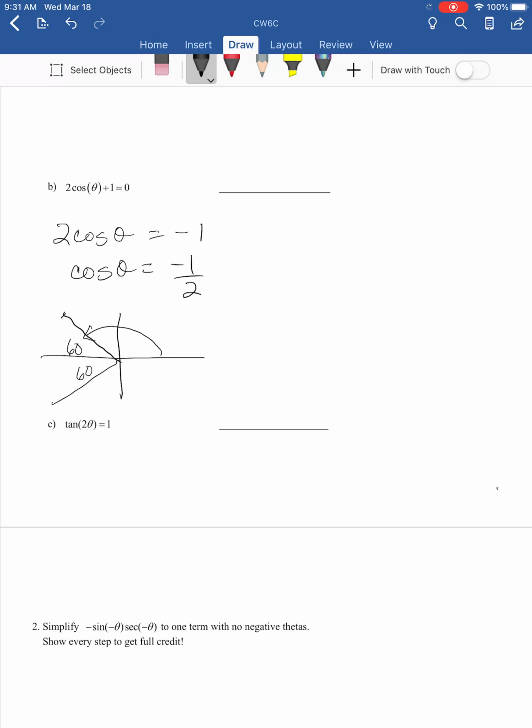This angle right here, if I say 180 minus 60, I'm going to get 120. 180 plus 60 is 240. So those are the two angles that make this true. So 120 degrees and 240 degrees. That would be 2/3, if you were talking radians, 2/3 pi and 4/3 pi.